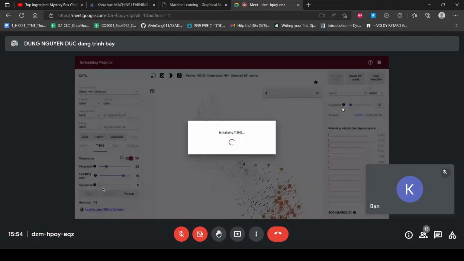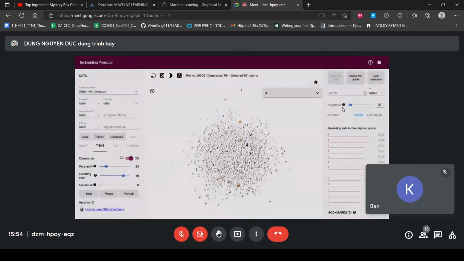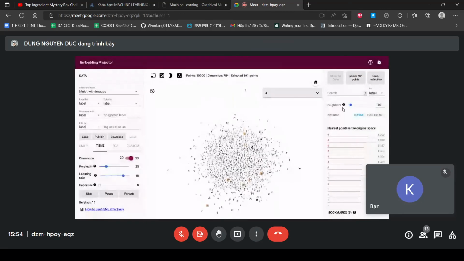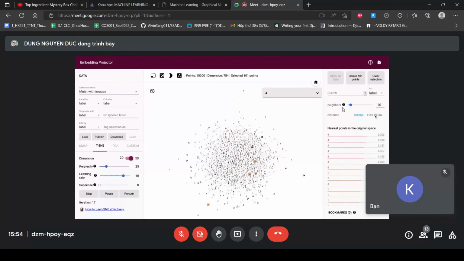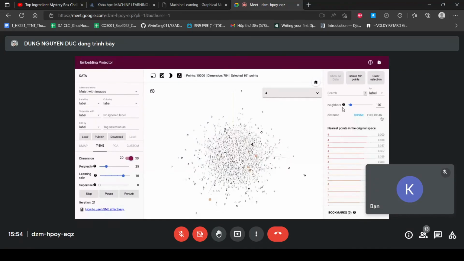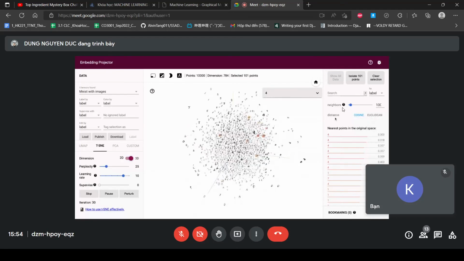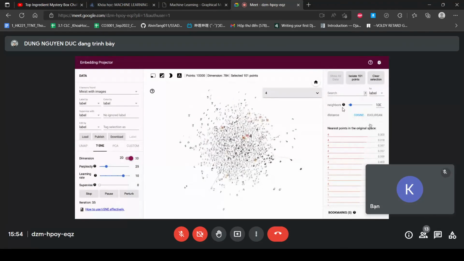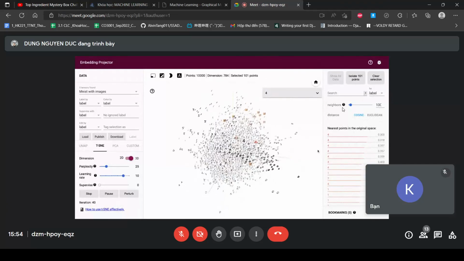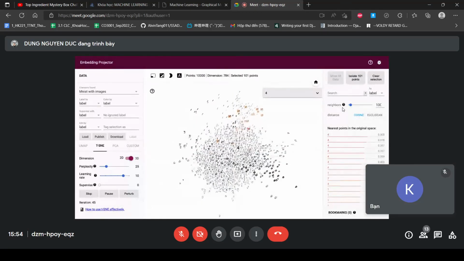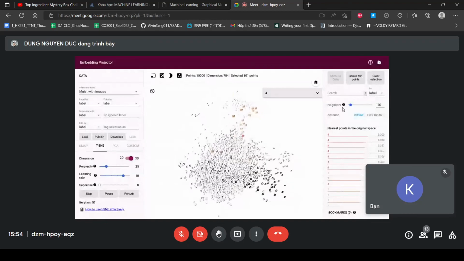Let me rerun it. Now, if you observe the left side, you can define what kind of distance you want to measure, maybe using cosine distance or Euclidean distance, your choice. Most people care about Euclidean distance, but I think cosine is not bad.